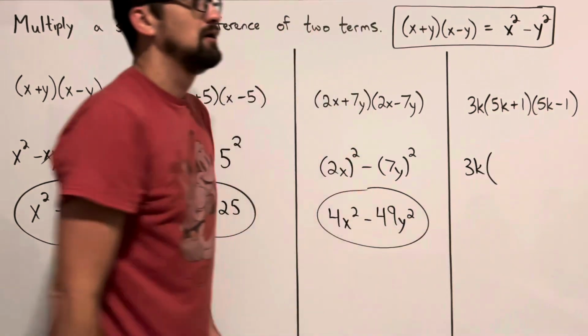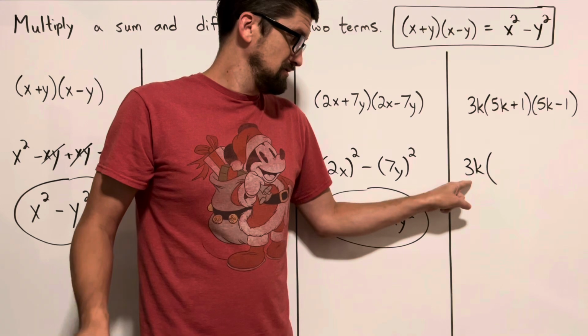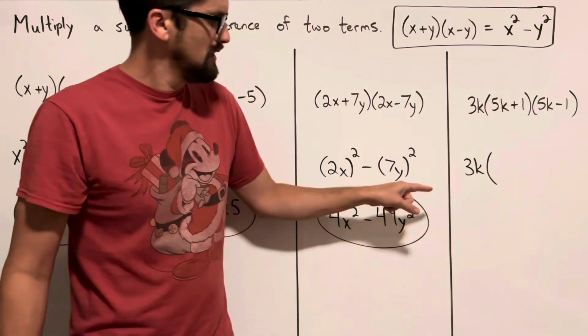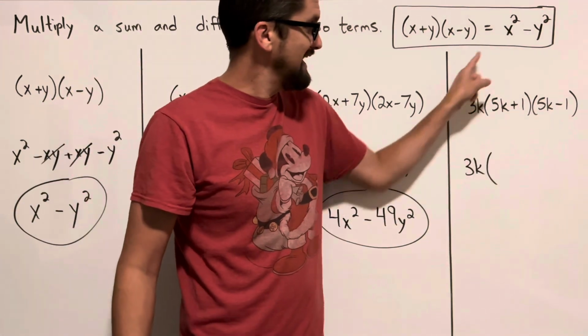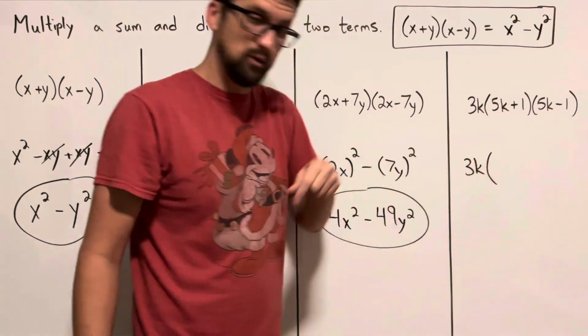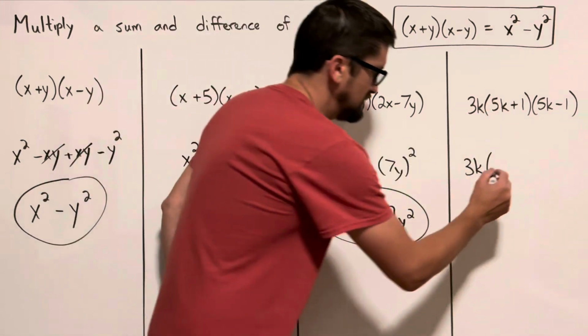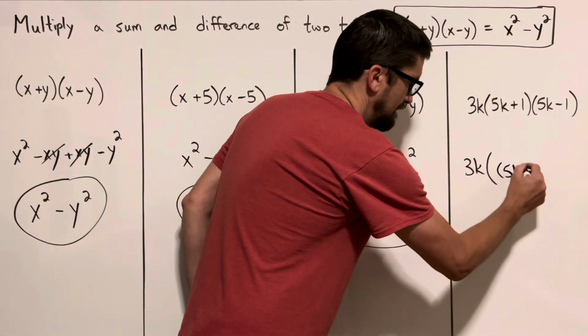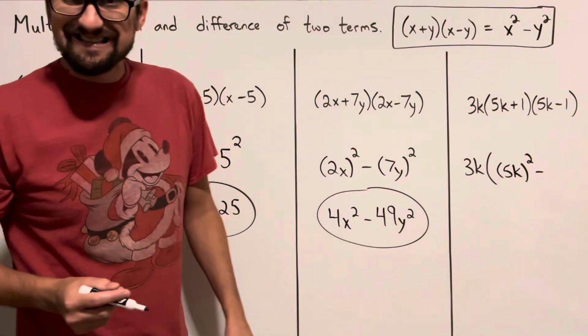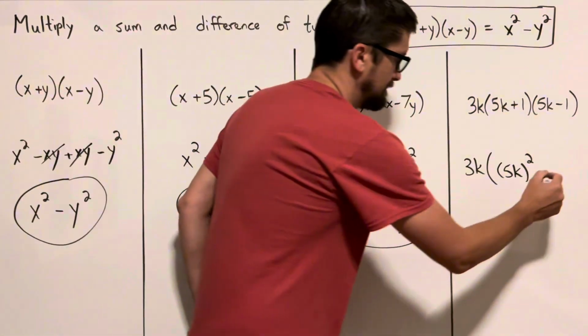So you don't want to make the 3k disappear. Just bring it down. And then I have a parenthesis, so I'm going to apply this formula to these two binomials multiplied. So I'm going to square the first one, 5k, so 5k squared, minus, the second term is 1, so it's going to be minus 1 squared.